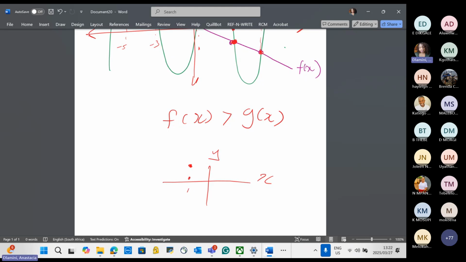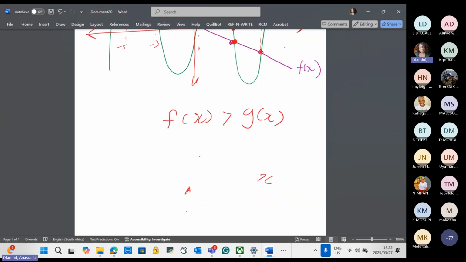Same applies if A is here and B is here. Which one is higher up? This one. Yes, this one is greater than that one in the Cartesian plane. Are we all together there?